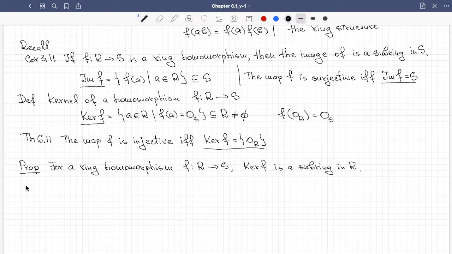Let us prove this proposition. For the proof, I recall the criterion to check.